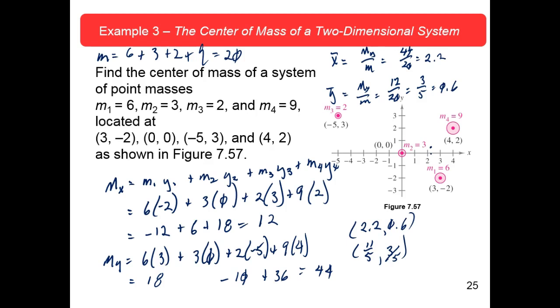So, easier to figure out where to do it on the plot, but okay. All right, make sense? Now, what you did was perfectly correct, did it by the numbers, exactly right.